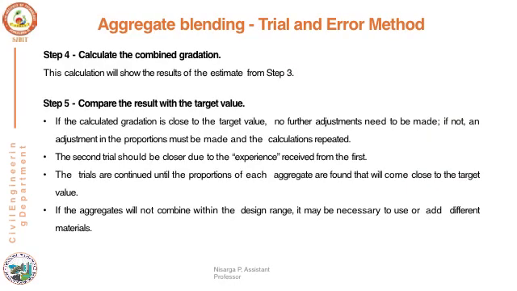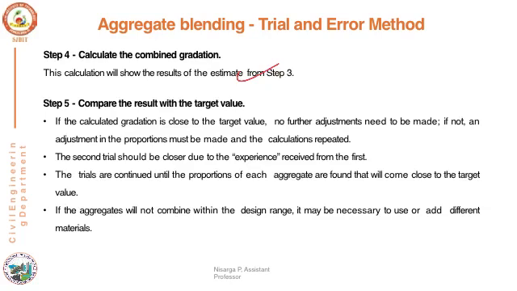The combined gradation is nothing but the gradation that we obtain when we mix 30% of aggregate 1 and 70% of aggregate 2, which we have considered in the third step. In the final step, we compare the results obtained in step 3 with the target value which we have taken in step 2.